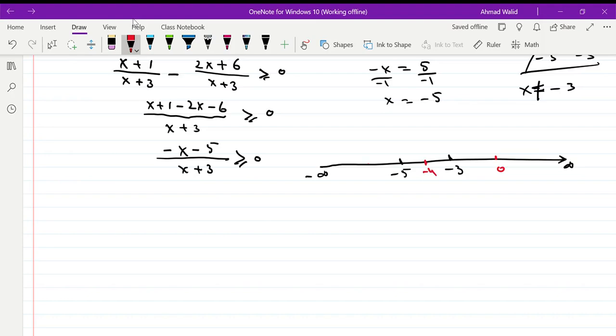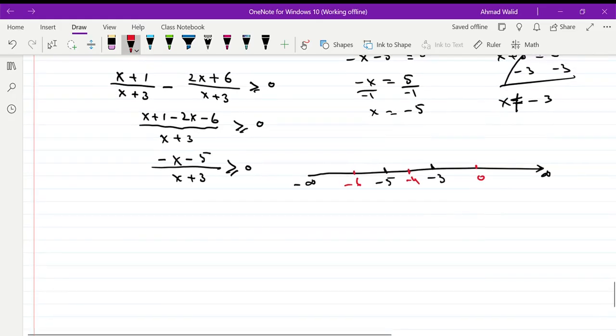Here, for example, let's pick negative 4 as a test point. And here let's pick negative 6 as a test point. Plug in these ones in your original inequality, or in the last one, in this one. You can use this one also, and you see which kind of statement you end up with, correct? If you plug in here negative 6, it gives you negative 6 minus 5 over negative 6 plus 3.